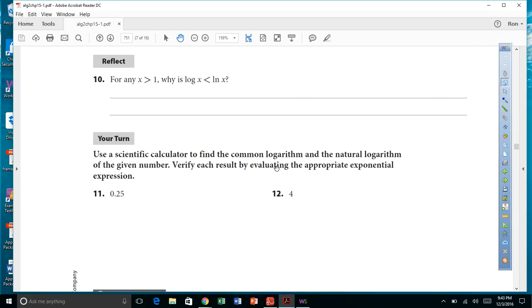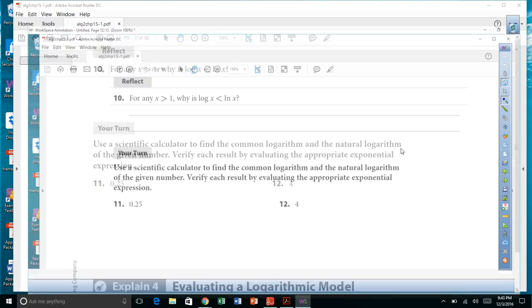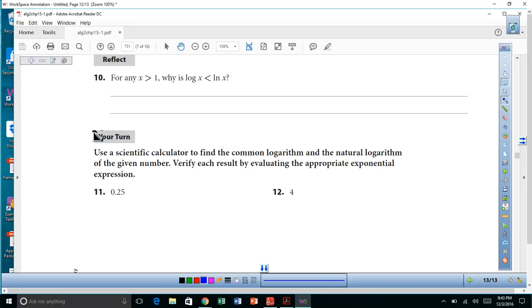For any x greater than 1, y is log base 10 of x, less than the natural log of x. Why is that? Well, let's see. Log x has a base of 10, right? And natural log of x has a base of e.